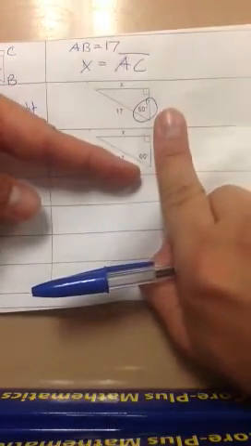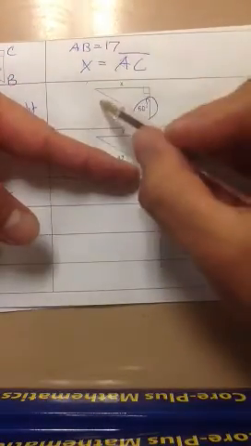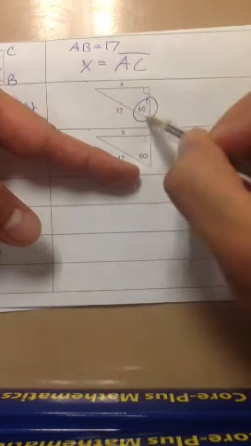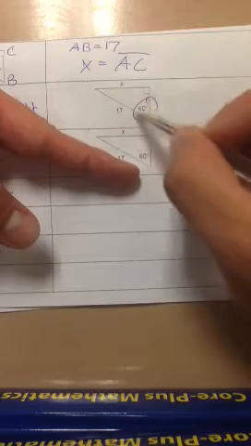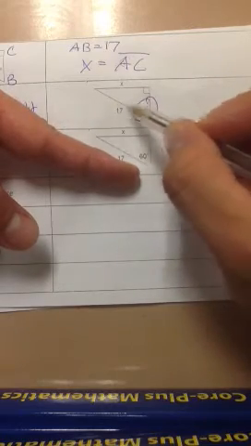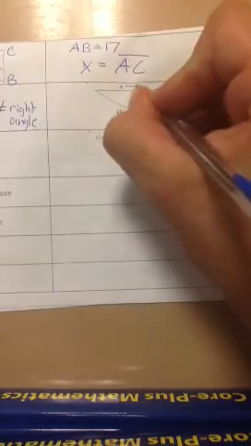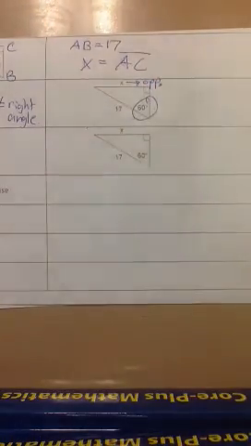Meaning, if I were to form this angle here, we can see that this 17 is part of that, and this side right here helps me to form that 60-degree angle. The side that does not help me to form that 60-degree angle, my opposite side, is this part right here. We'll label that opposite. So x is my opposite side.